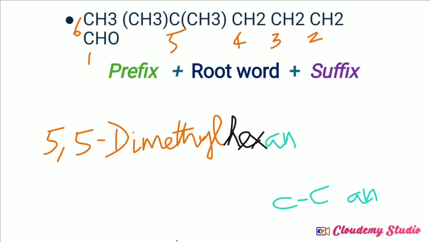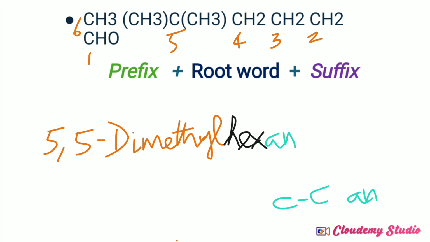Next we need to write the secondary suffix. The secondary suffix denotes the functional group. What is the functional group? That is aldehyde. If the functional group is CHO, the aldehyde, the suffix will be al.